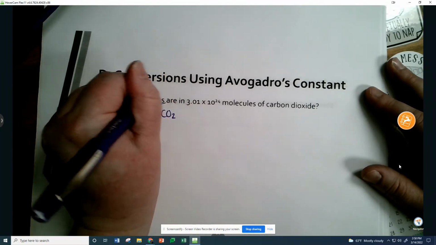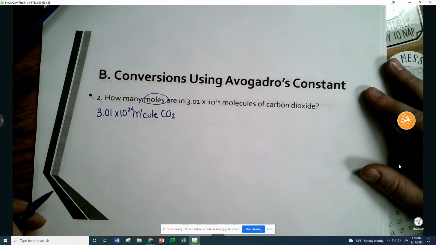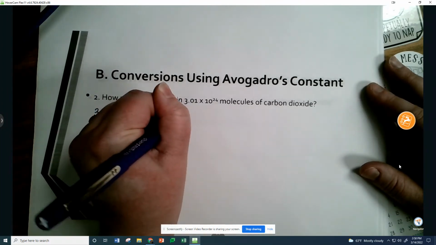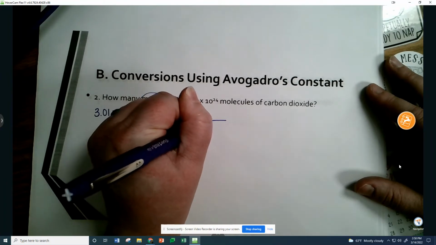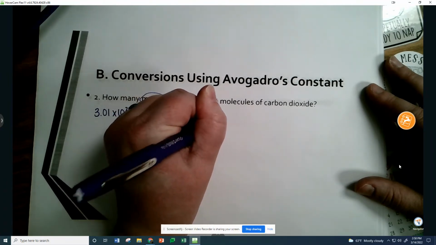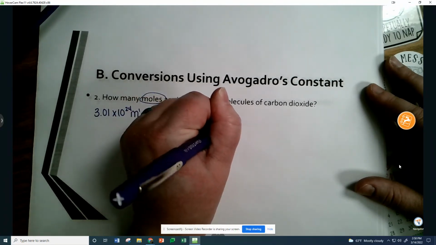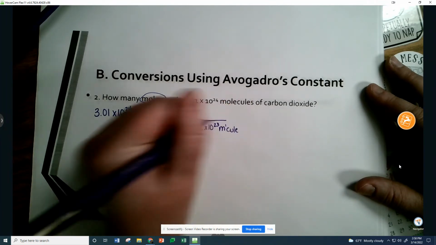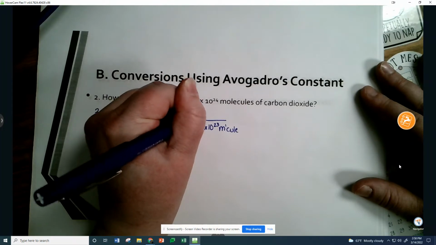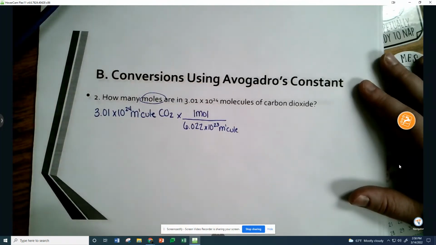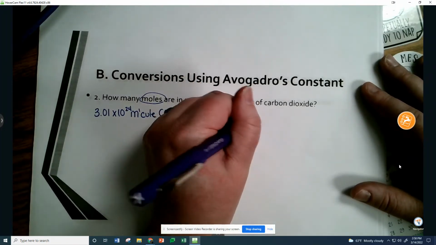It wants to know how many moles there are. So like the last problem, we were solving for moles. And so to do so, we take Avogadro's constant, 6.022 times 10 to the 23rd, and we're going to put that in the denominator. We need to divide to make them cancel. Therefore, my numerator is 1 mole. So mathematically, again, in this problem, you should divide.